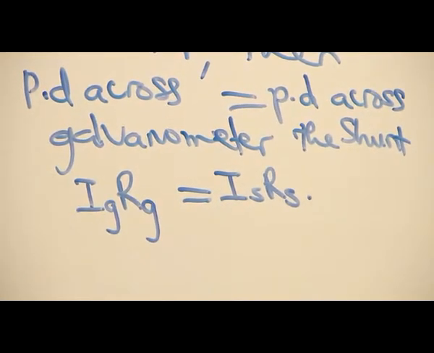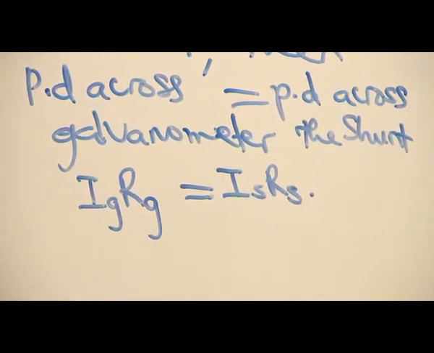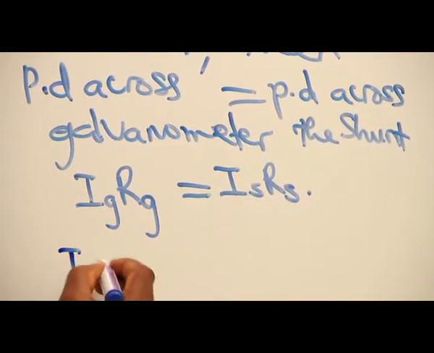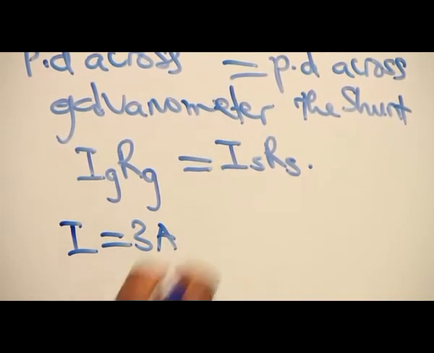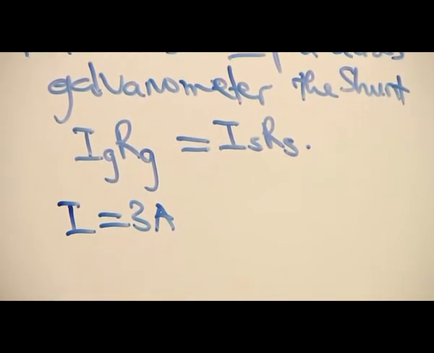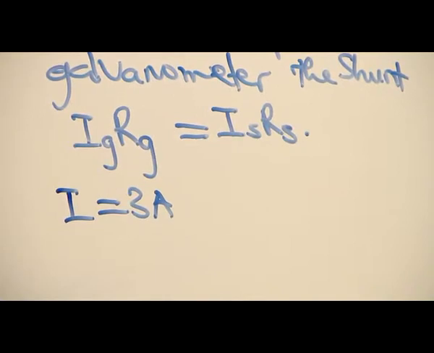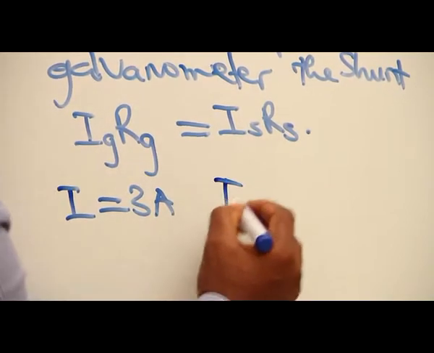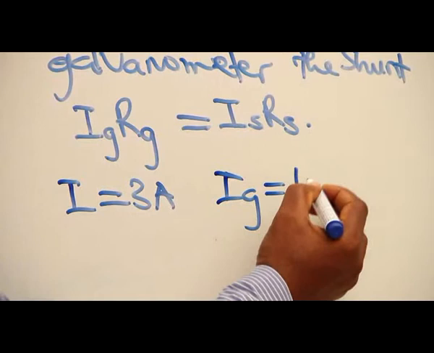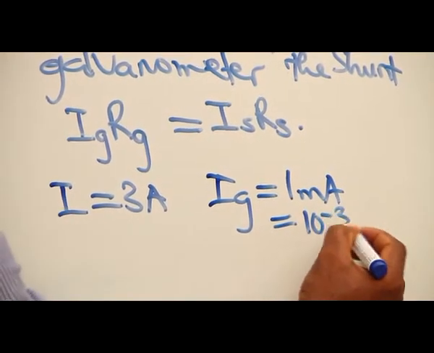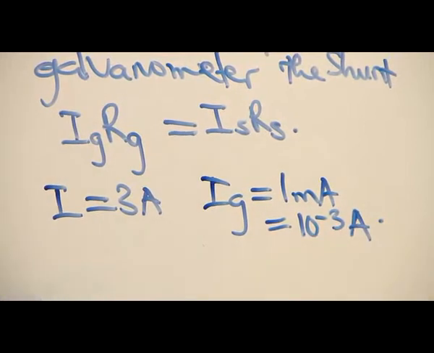we now find first the current going to the shunt. Total current I is 3 amperes. Then the current of the galvanometer from the question, Ig, is 1 milliampere, which is 10 raised to power minus 3 amperes.